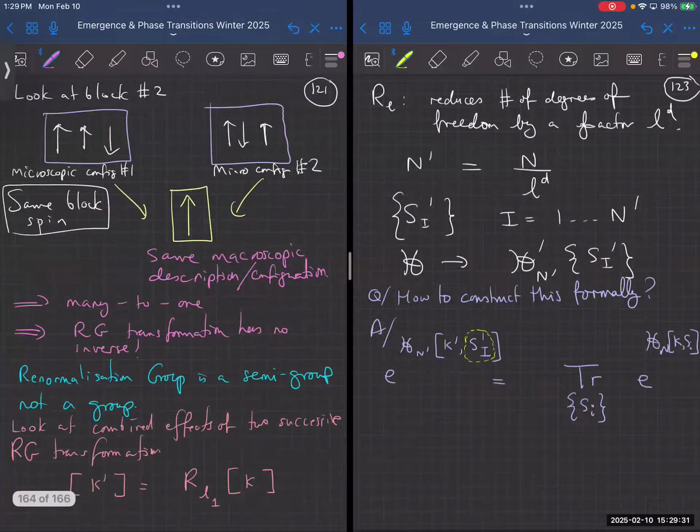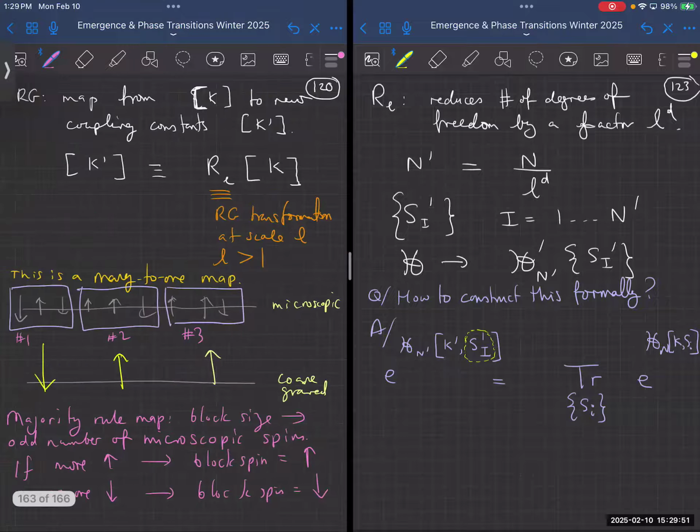Well, we saw that in this picture over here. We summed over all possible microscopic states of the system and I showed you an example over here on the left-hand side, to get every coarse-grained variable. So in other words, the game is this. You tell me a macroscopic configuration. The macroscopic configuration that we had over here was this one, the one over here on the left-hand side. Spin down, spin up, spin up.